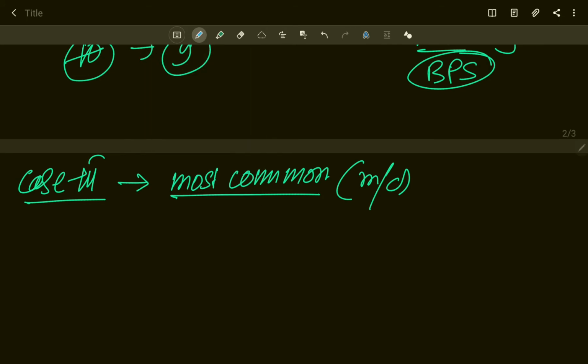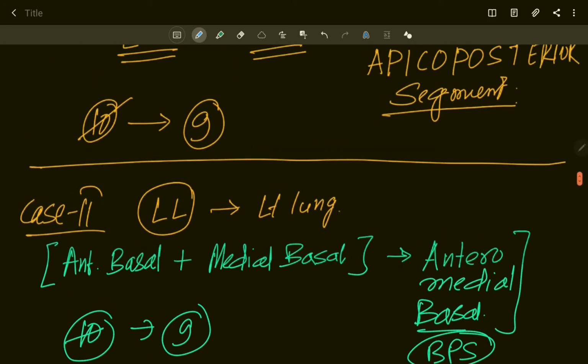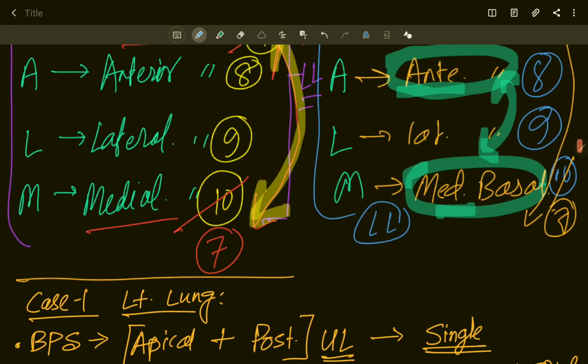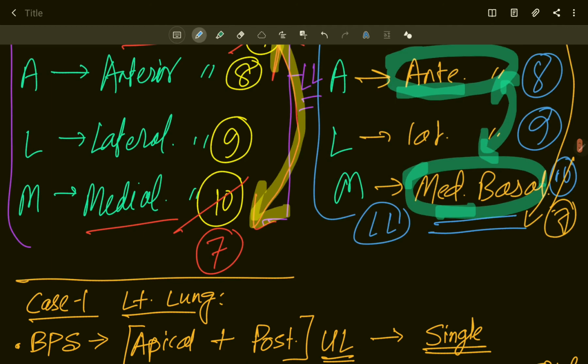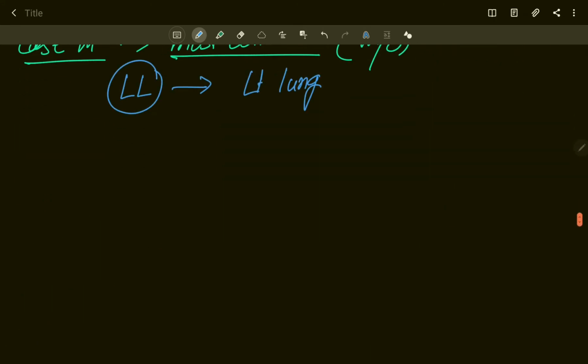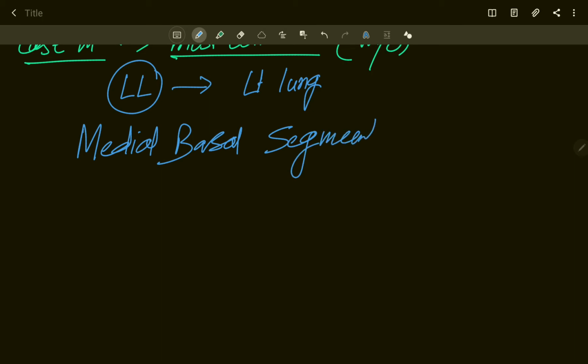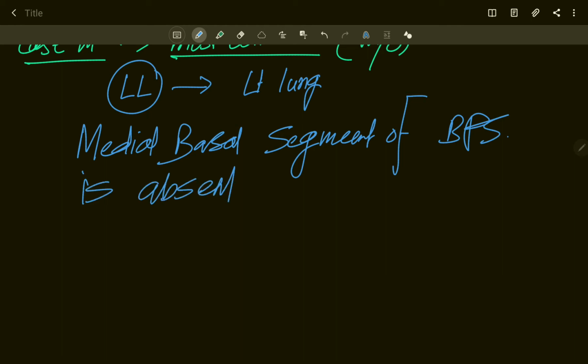In the case of the lower lobe of your left lung, what happens? The medial basal bronchopulmonary segment is absent.